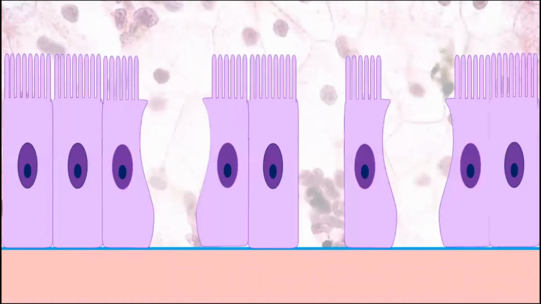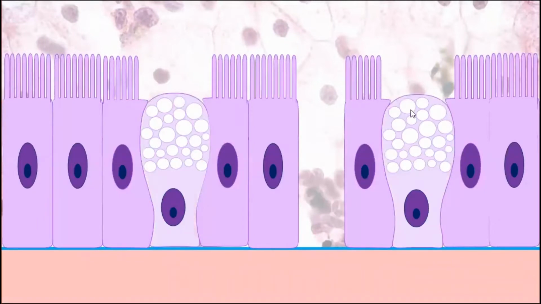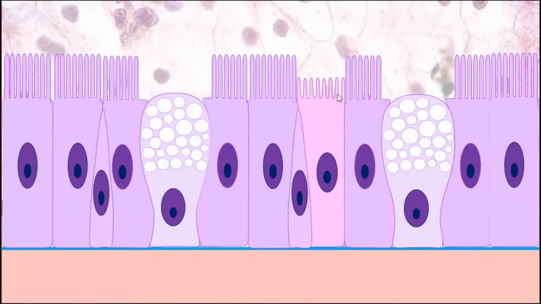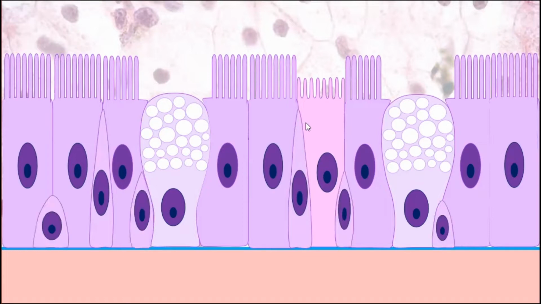So here we can see ciliated cells, cells with cilia. Between them we have secretory cells. They are goblet cells. Also we have brush cells or cells with microvilli. Also we have intercalated and basal cells. Later we'll talk about them. And also we have endocrine cells near the basal pole of the ciliated cells, near the basement membrane.